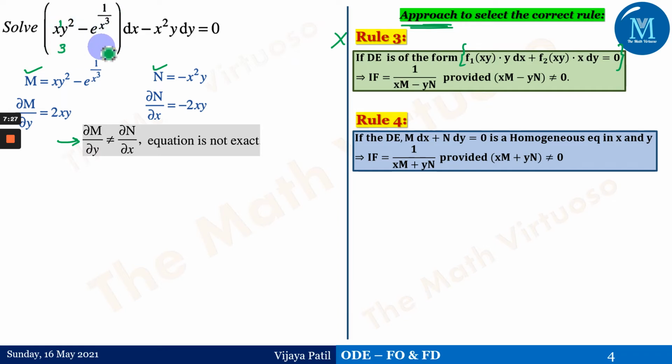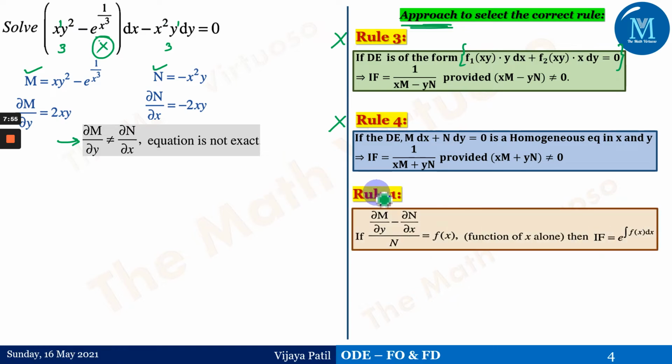But because of the other particular term present here, this is not of degree 3. So we cannot generalize that this is a homogeneous equation with degree 3, and that is the reason this equation is not homogeneous. So rule number 4 is also not applicable.